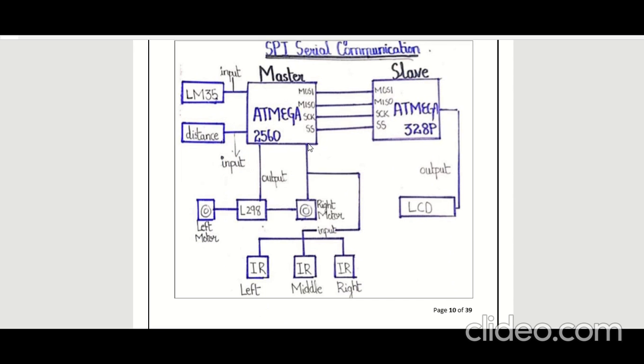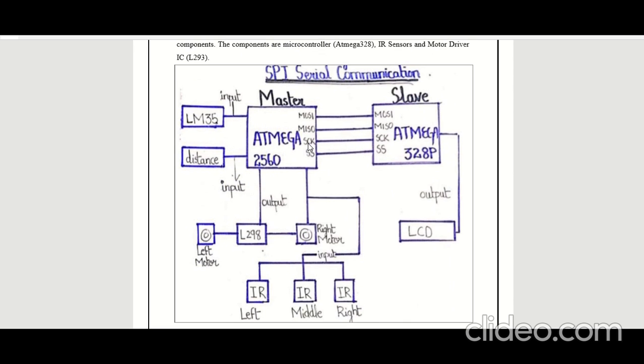So this is our block diagram, in which we have used serial peripheral interface serial communication to communicate between these two microcontrollers. The first one is ATmega2560, and the second one is ATmega328P. ATmega2560 is used as a master, and the second one is used as a slave.